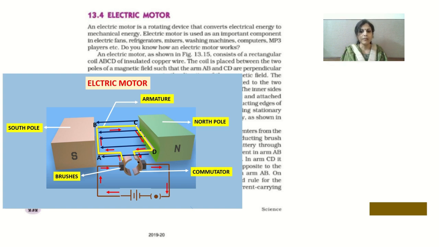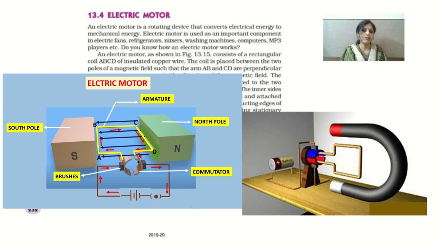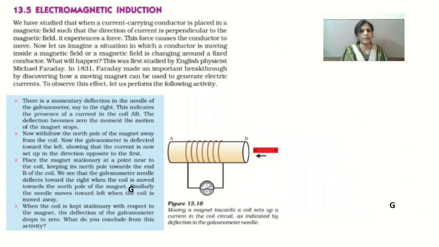Through this diagram you can see that the moment we switch the current on, the armature coil starts rotating in the strong magnetic field. And in which direction it rotates can be given by Fleming's left-hand rule.